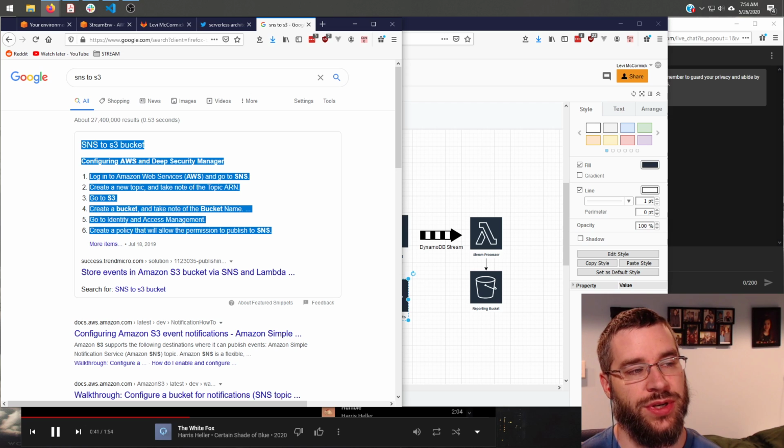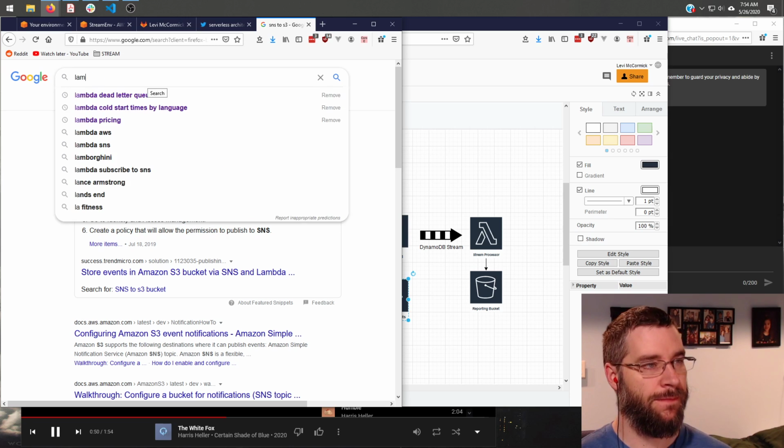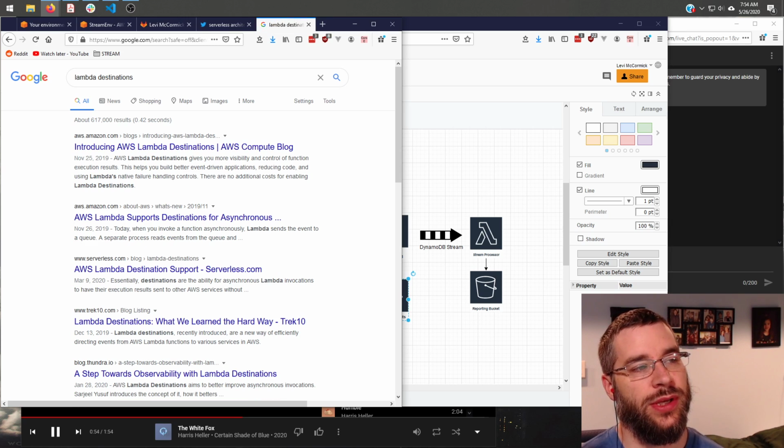If we want to go straight to S3, probably want to do... they introduced this thing called Destinations, Lambda Destinations, last year.